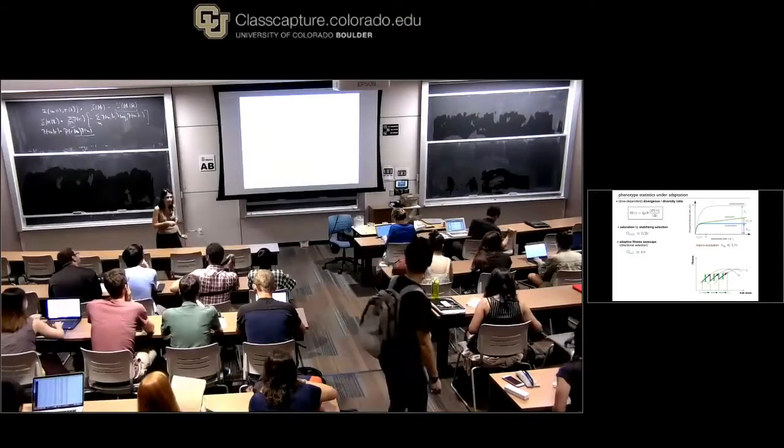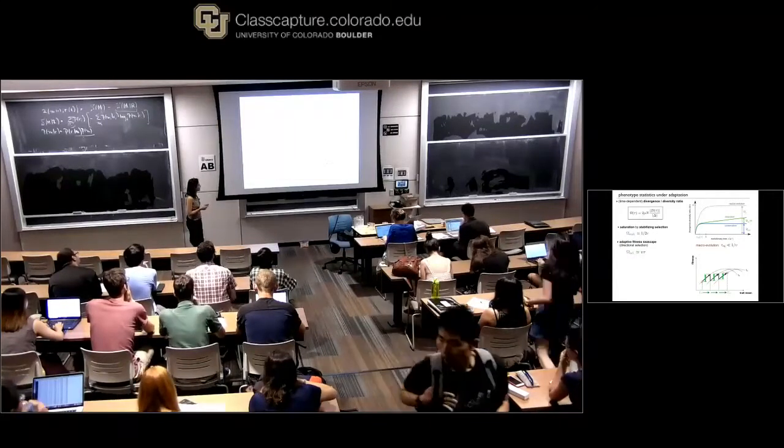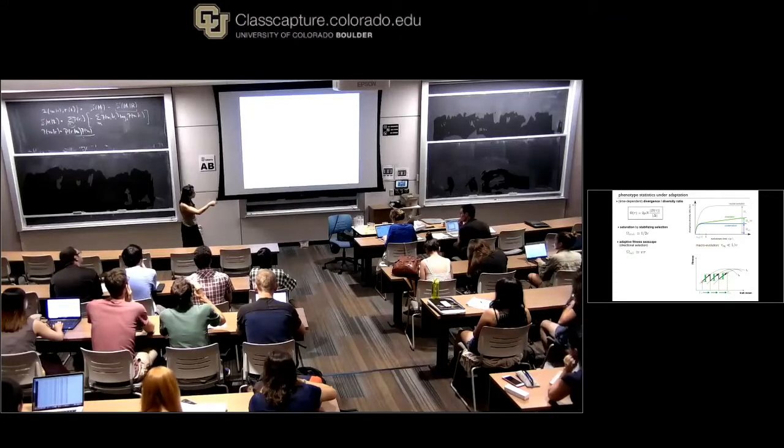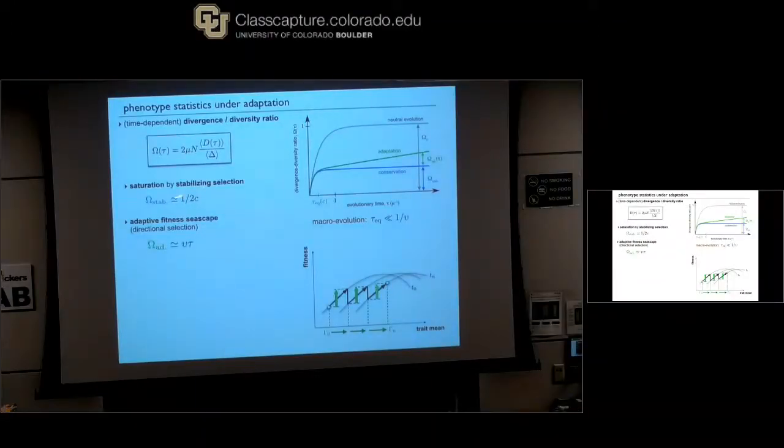with this notion basically of how to distinguish adaptive landscapes based on the statistics of phenotypes over time, right? So the idea here is you sample phenotype statistics from populations at different time points, tau being the time lag, so the evolutionary distance between populations.